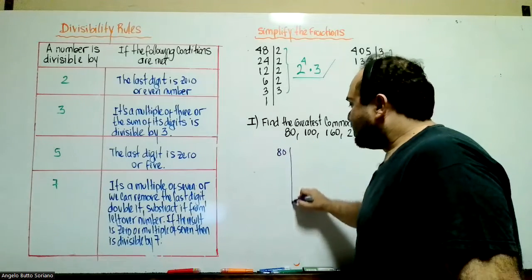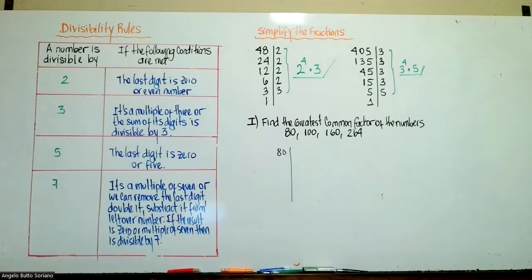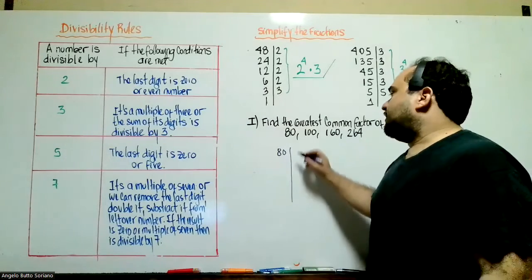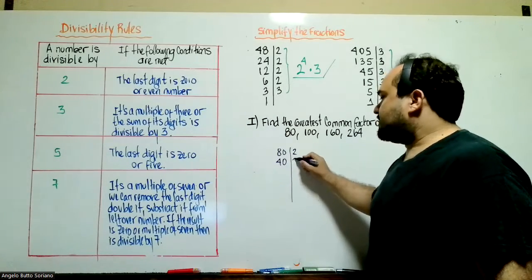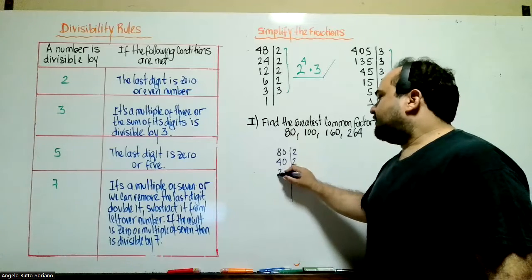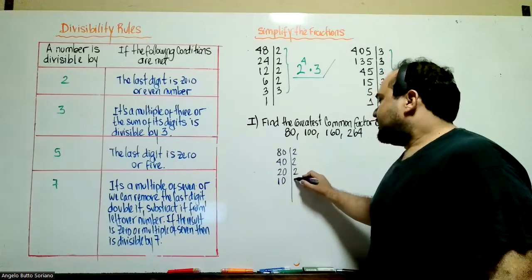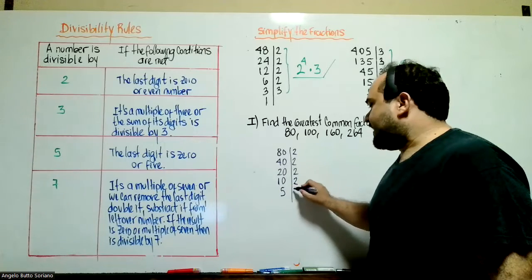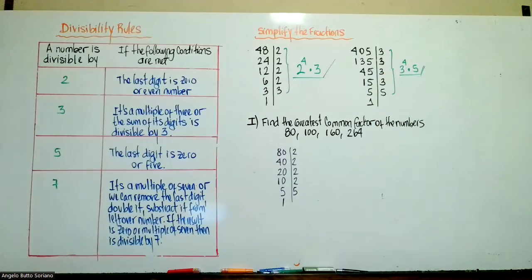Let's start. Because the number 80 ends in 0, remember, we can apply rule number 1. Half of 80 is 40. 40 can still be divided by 2. That will be 20. 20 divided by 2 will be 10. 10 divided by 2 will be 5. And 5 divided by 5 will be 1.